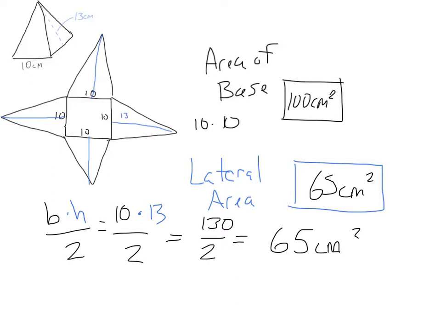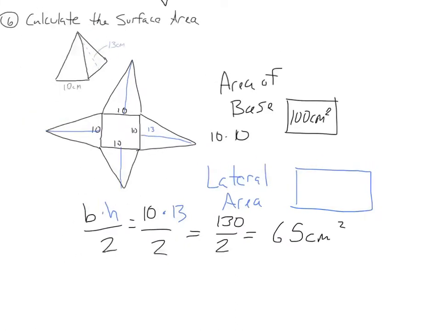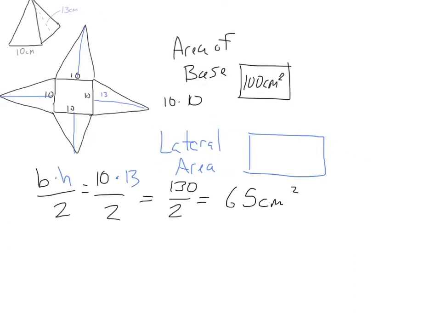Oh, but wait, have we? No. This is 65 centimeters squared for just one of the triangles, but we have 4 triangles. That is 65 centimeters squared per triangle, but we have 4 triangles. So we'll take that times 4, that's 20, 24, and then 26, so 260 centimeters squared.